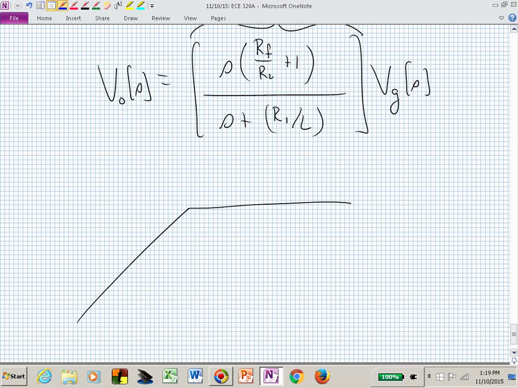And where's my break frequency? That's now this R1 over L. How fast am I going up? That's 20 dB per decade, or 6 dB per octave. Just that this flat, high-frequency passband gain is different than it was in the earlier circuit, or sub-circuit. Now it's going to be a function of R sub f over R sub 2 plus 1.